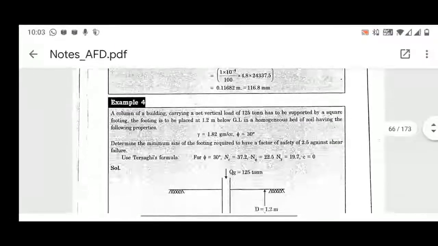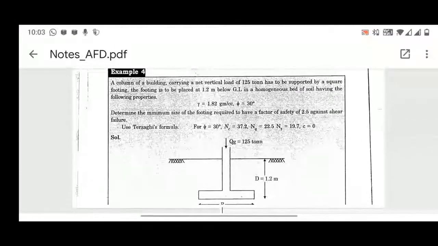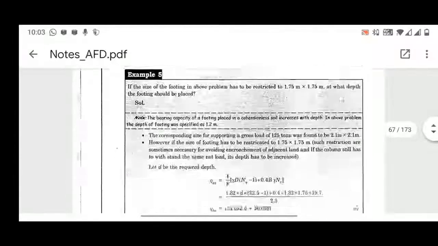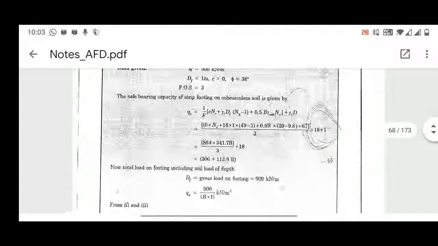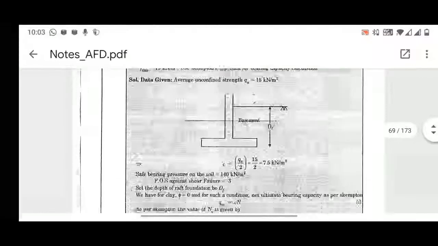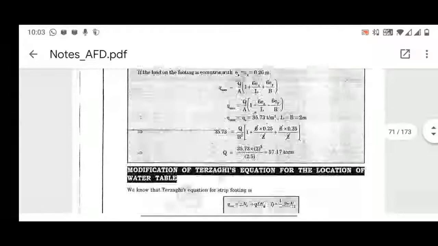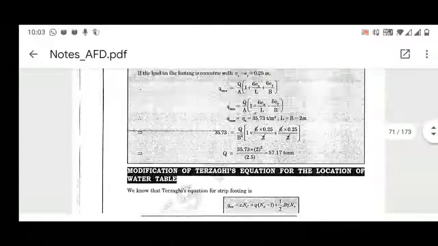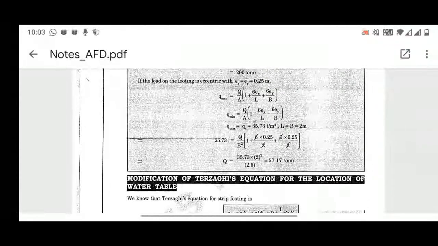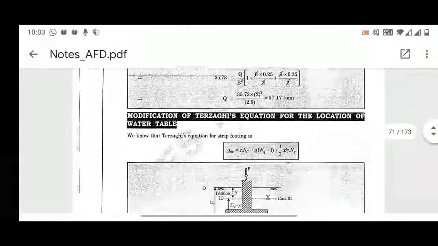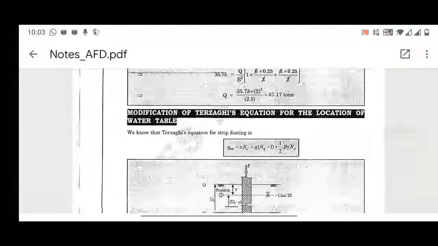Now I request students to kindly go through example problem 4, example 5, example 6, example 7, and example 8. All these example problems you have to do on your own. I have covered up to the third example; you have to cover the fourth to the eighth. Tomorrow I will ask each and every student about these example problems.